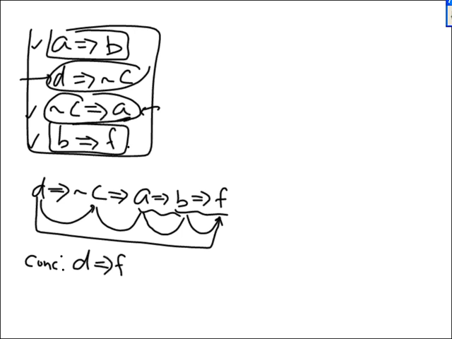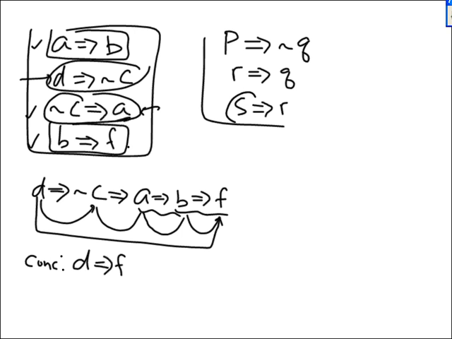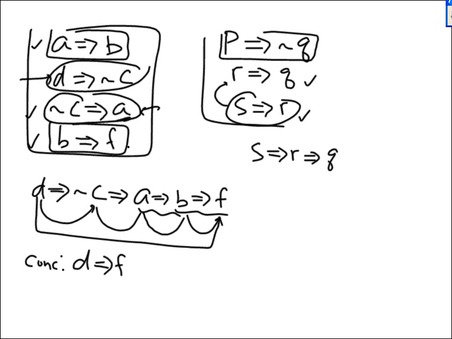Let's try another one. Suppose that P guarantees not Q, and R implies Q, and S implies R. Well, I noticed that the last two link up nicely. S guarantees R, and the one before says R guarantees Q. But the first statement, I can't put it in front because it doesn't have an S there.